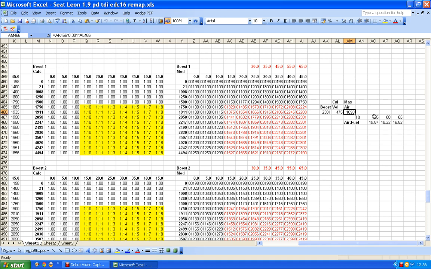So 55, 60 and 65 would be perfectly okay values to be used on our maps, in which case I could insert 55, 60 and 65 up here, and that would be okay because 65 would be okay with my 2301, because that's 16.82, not too bad as an air fuel ratio.